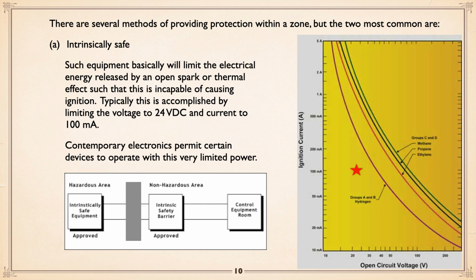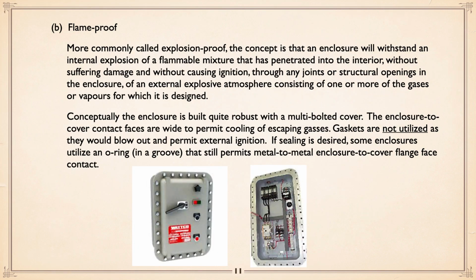Now, the other way of doing it, which is perhaps the more classic way, is flameproof, basically called explosion proof. You have an enclosure that can withstand an internal explosion of the gas without it igniting the gas that is beyond the enclosure within the room.